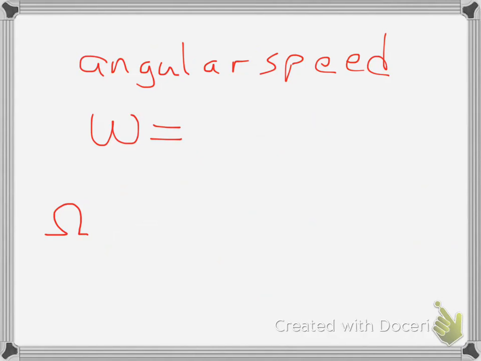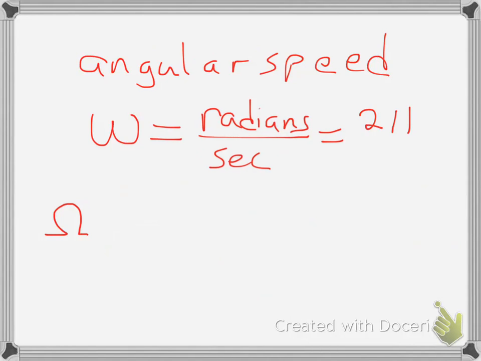It's measured in radians per second, angles per second. So radians is what I like to use. And then that would be 2 pi, as I defined earlier, except I just used 6.28, but 2 pi over the period.